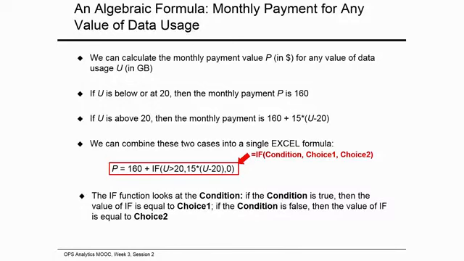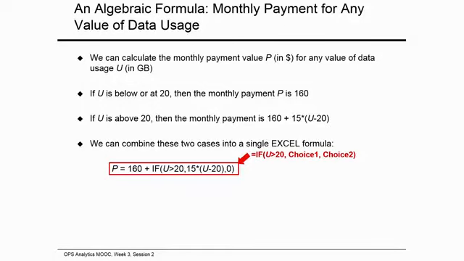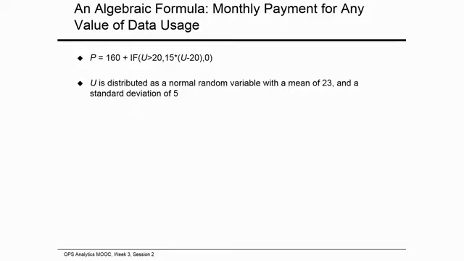So in this case, if U is greater than 20, then IF selects choice 1, which is 15 times (U minus 20). Otherwise, it selects choice 2, no extra payment. Okay, we have a formula that expresses the monthly payment P as a function of monthly data usage U.